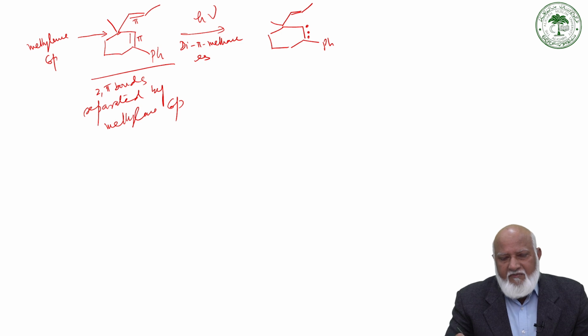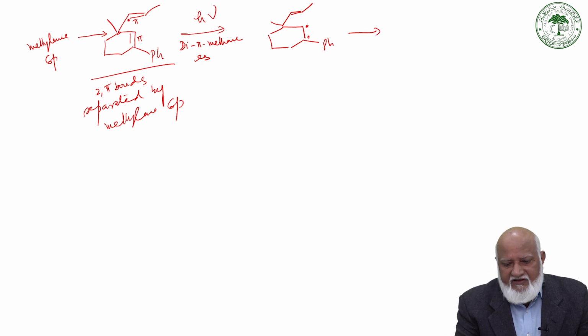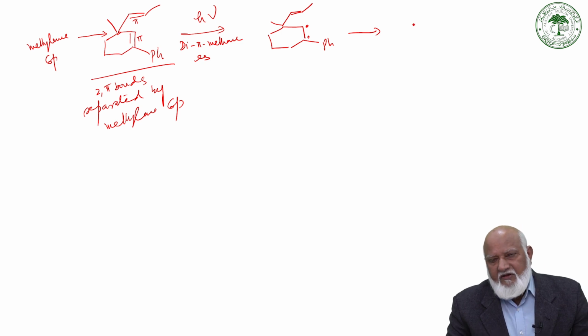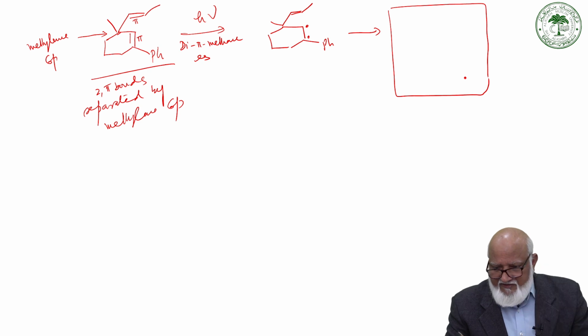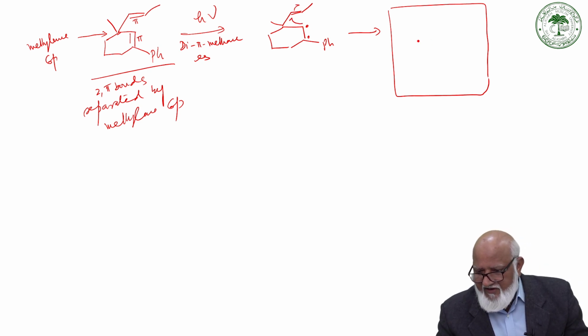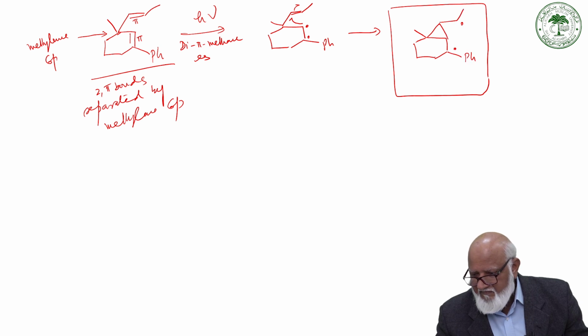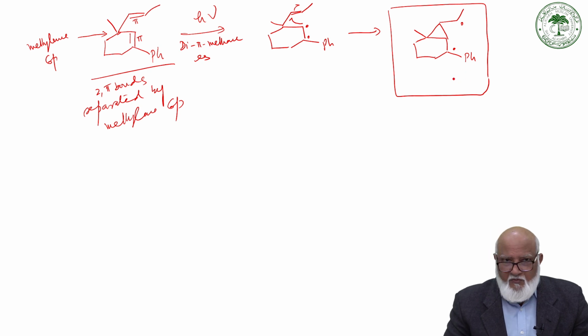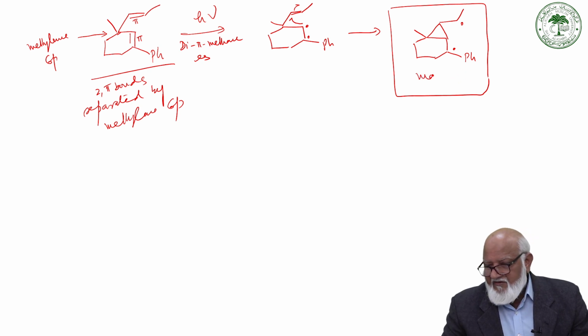Whether we excite this and generate a diradical here or excite that one and generate the diradical there, the main intermediate is going to be the same in both cases, and that is the cyclopropyl derived intermediate. This will attack here to form the cyclopropyl derived main intermediate.